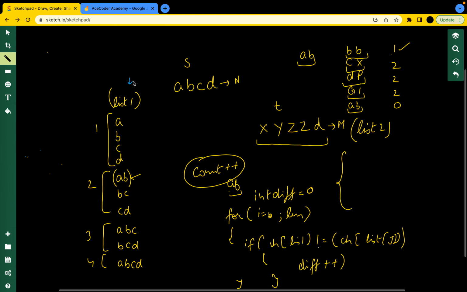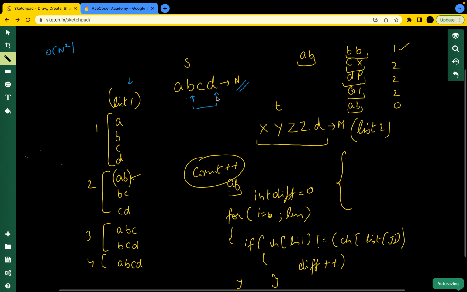So now let's have a look at the time complexity for this problem. Now to create list 1, since the size of string S is n, O of n square will be the time complexity to create this list 1, since we require just two indices to iterate over this string, and this will be the substring available to us.